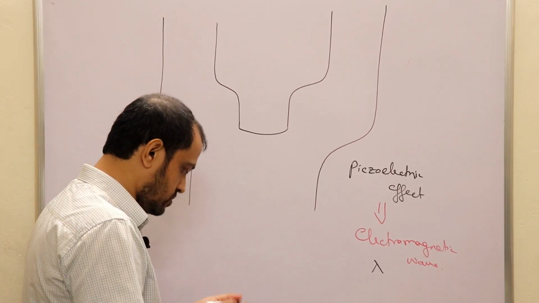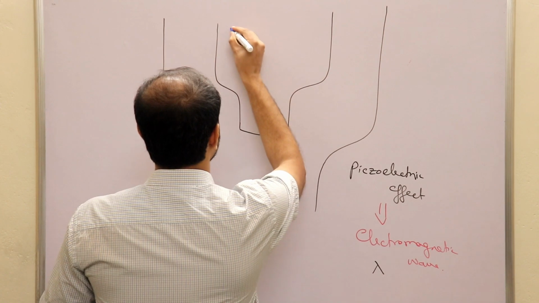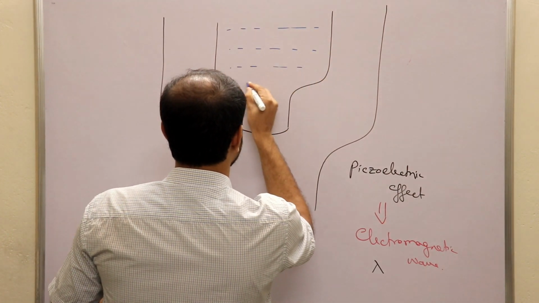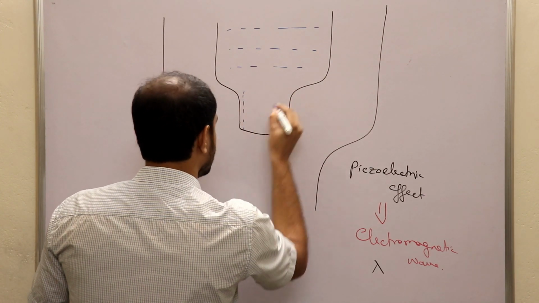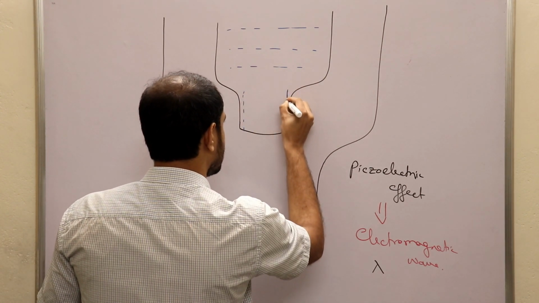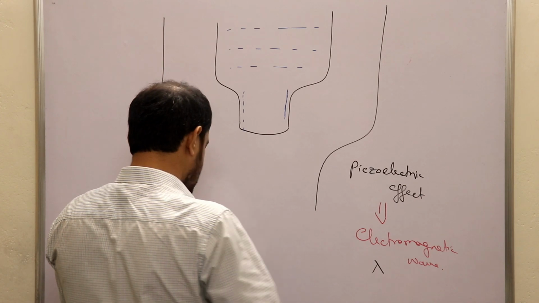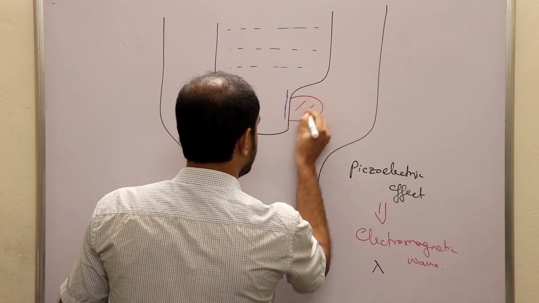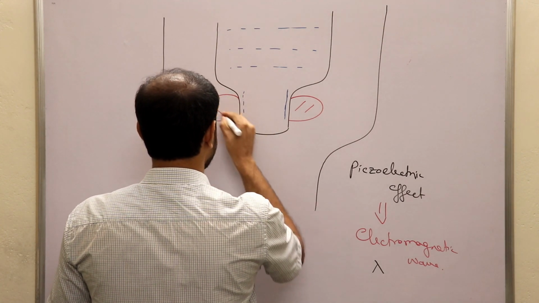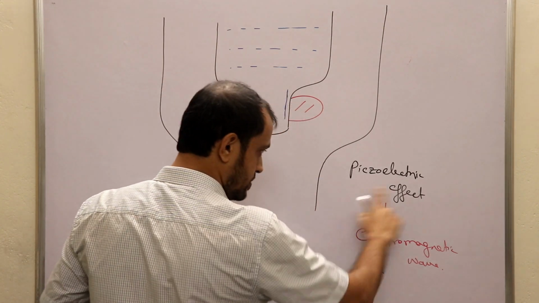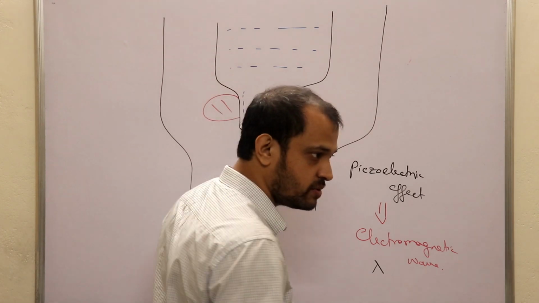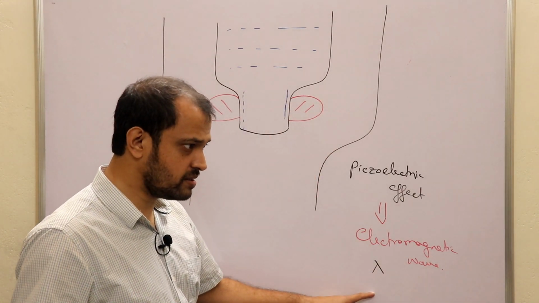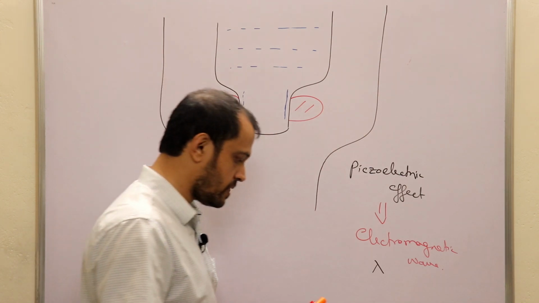Suppose this is your fluid, and suppose this is the vibrator, which is vibrating due to the piezoelectric effect. What is the piezoelectric effect doing? It is creating an electromagnetic wave having wavelength lambda, suppose.